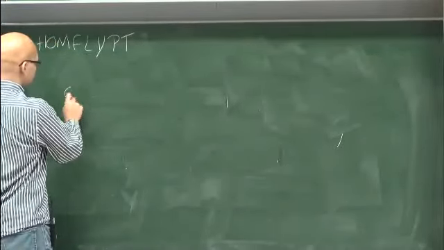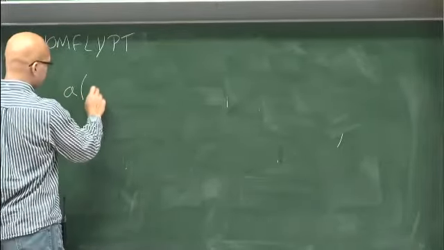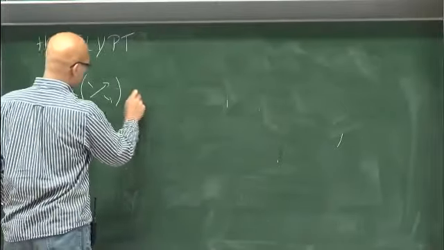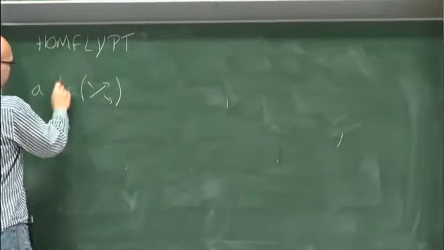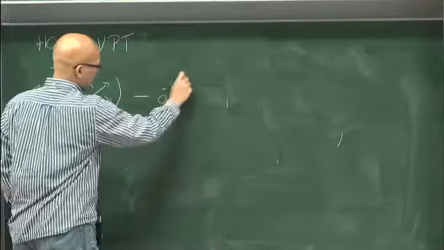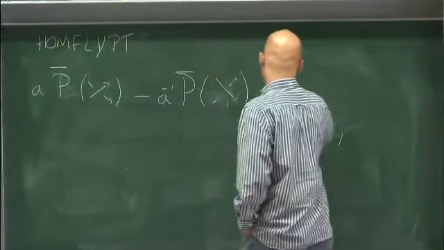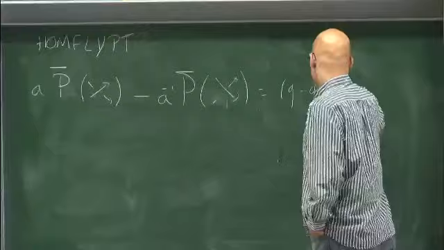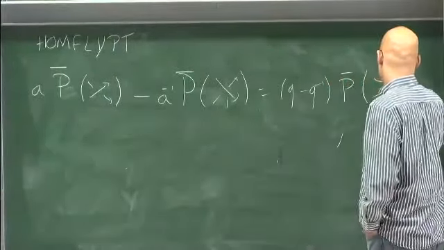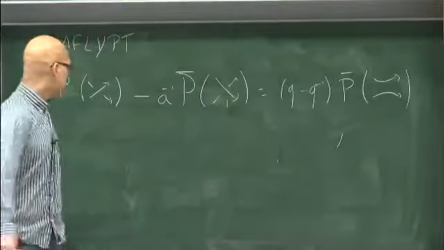I choose this normalization. So I'll write the HOMFLY polynomial as P with an overline. And then you have to choose its value on the unknot.